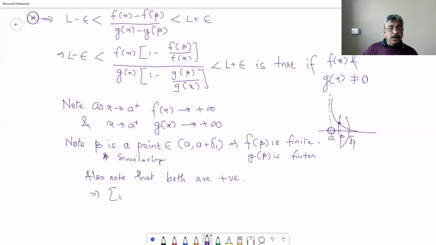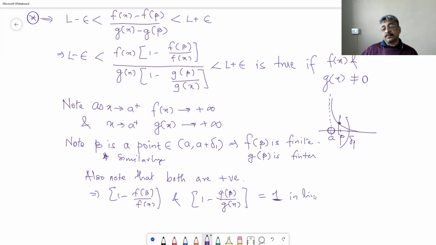This implies 1 minus f of b upon f of x and 1 minus g of b upon g of x will be equal to 1 in the limiting case. Okay, let me complete and then you can ask questions.